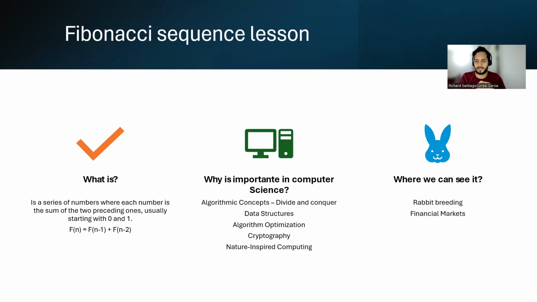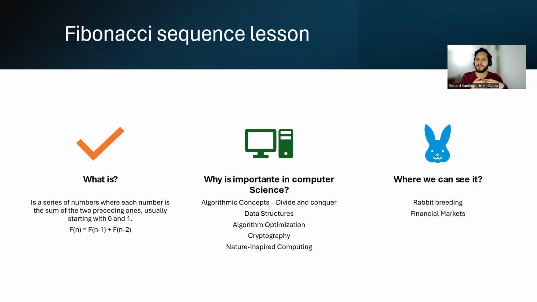You can see it in the rabbit breeding, for example: this week you have two rabbits, and every week a couple of rabbits will get another couple of rabbits. So if in the end week you want to know how many rabbits you have, if you implement the Fibonacci sequence, you will get the answer.